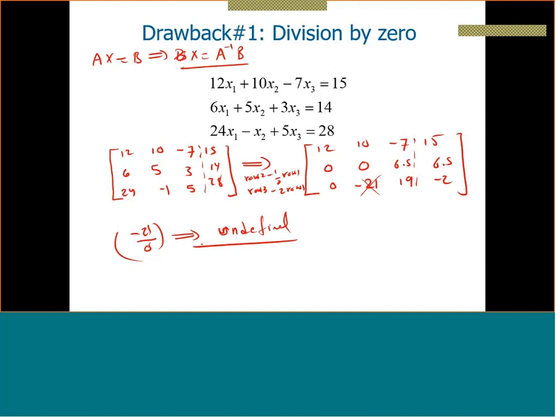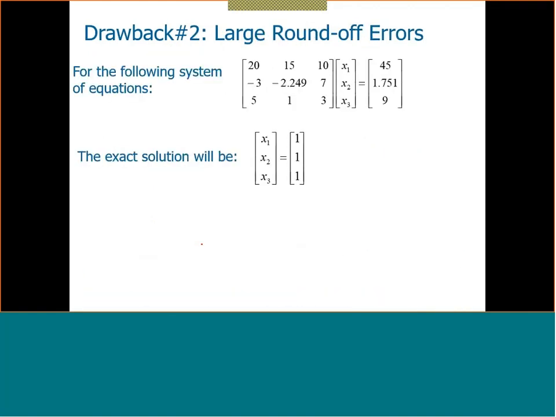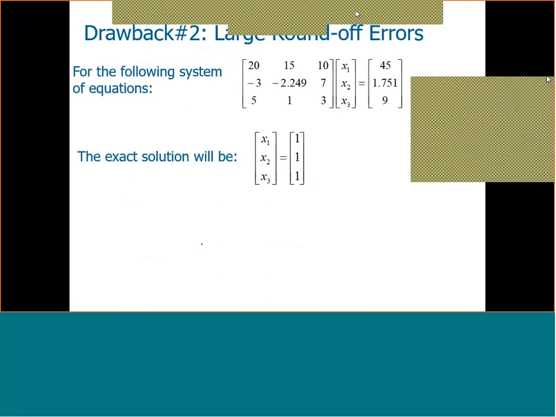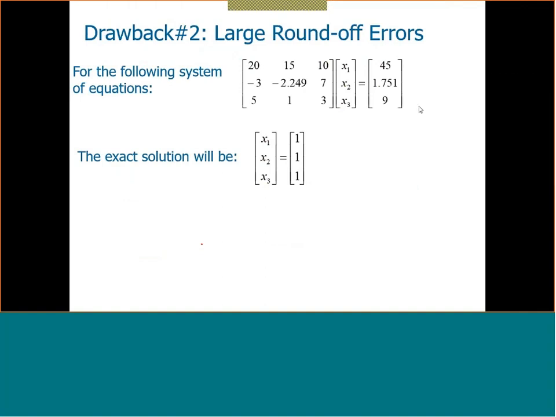Now, the second problem is the round off error. Remember, we have a round off error problem, but in Gauss elimination, this problem can be huge. The impact of it can be huge, as we'll see here. So if I want to use fractions, not decimals, meaning I'm working with what we call the exact solution. What do we mean by that? For example, if I have 2 over 3, it is 2 over 3.